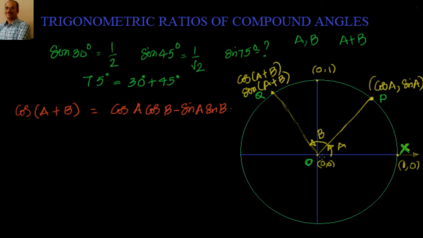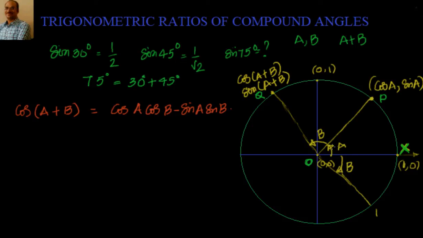Okay, so this angle B, I am trying to find out that angle approximately how much it will be. Okay, so that will be something like this. So this angle is B.